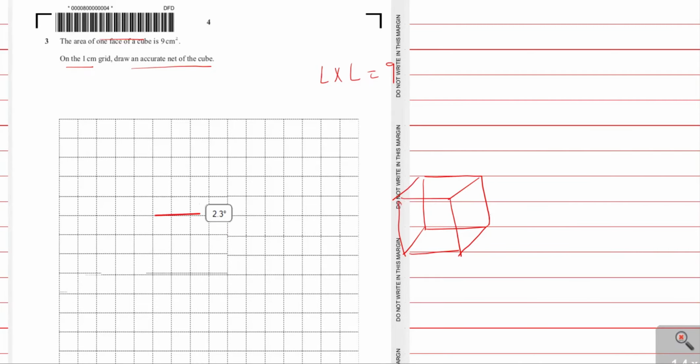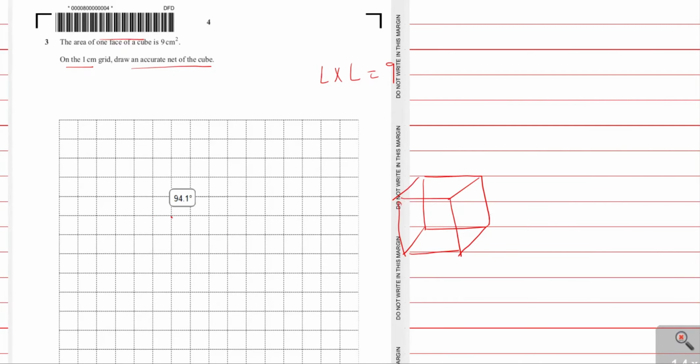This is 3 centimeter length, and this is the first face, and we name this face bottom. The second face we draw here is the right face, which is also a square, and the left face is also a square.